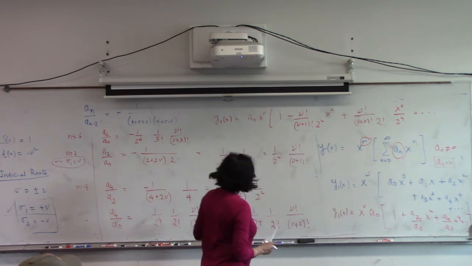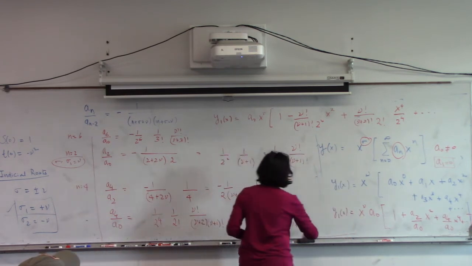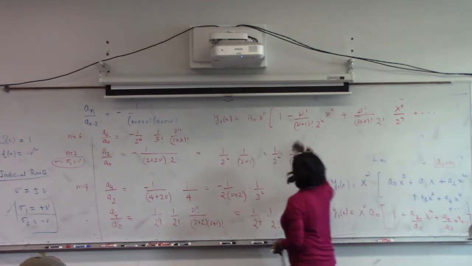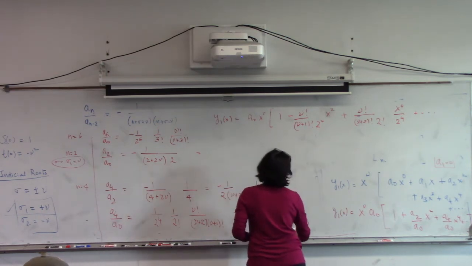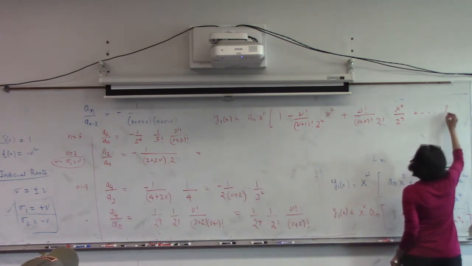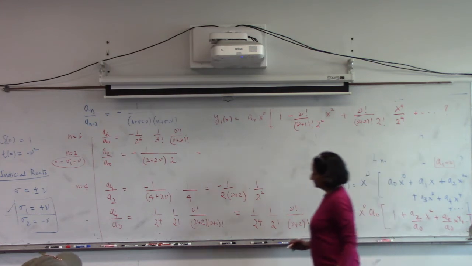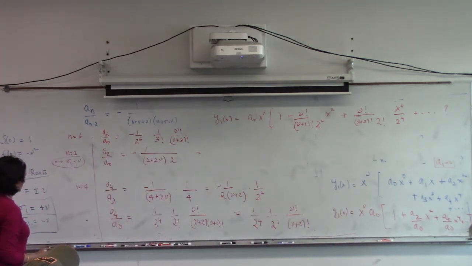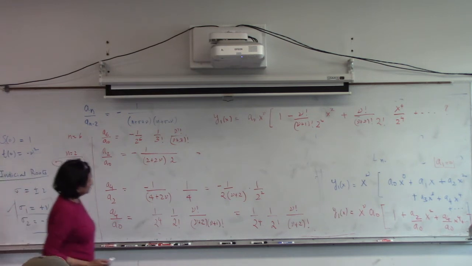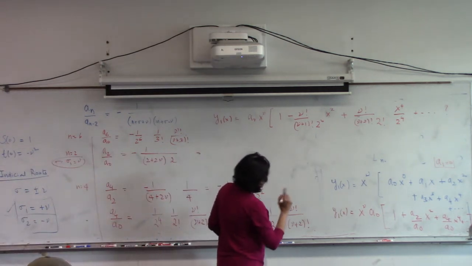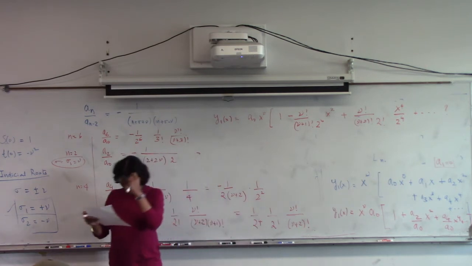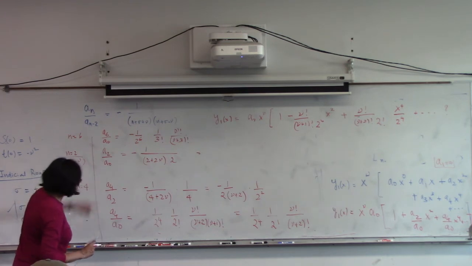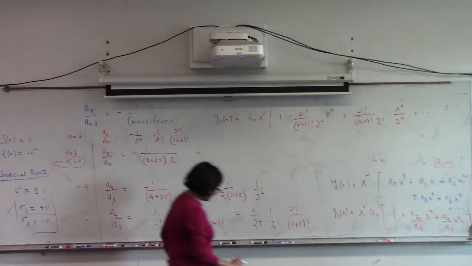All right. Now I want to write this whole thing in a compact notation. I want you to predict the general term of this. What's the general term of that? What do we see? We have A2 over A0, A4 over A0.